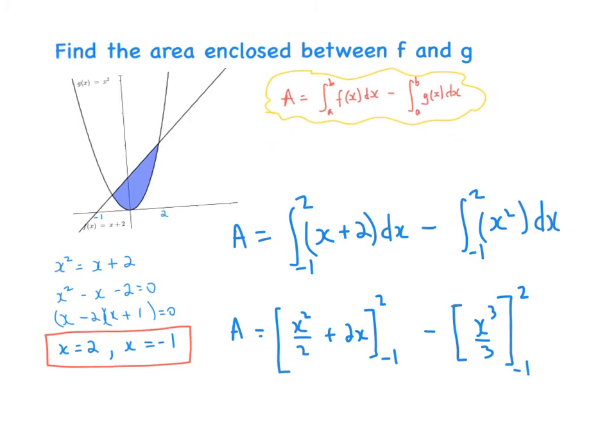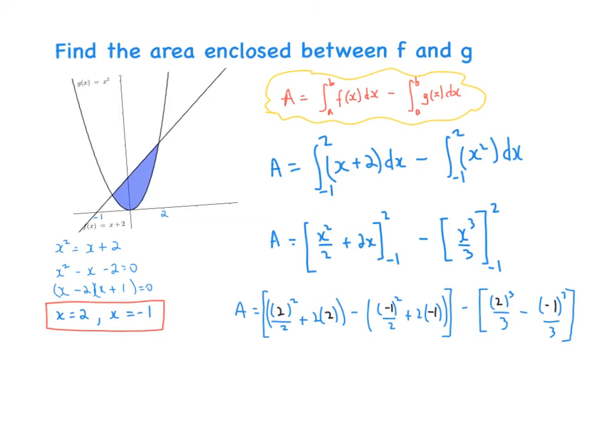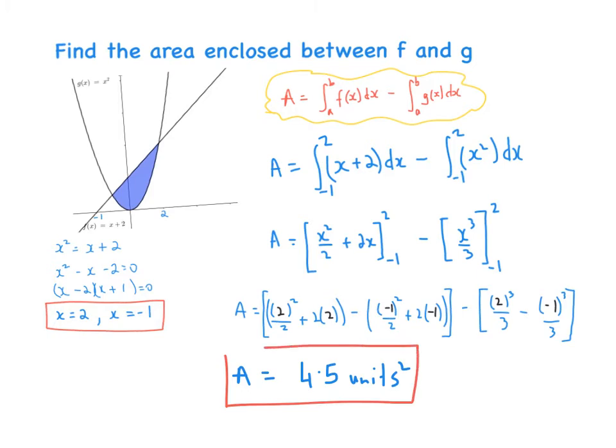It's just our regular definite integration, so let's finish it off. That's it all substituted in. When we put it into our calculators, that gives us A equal to 4.5 units squared.